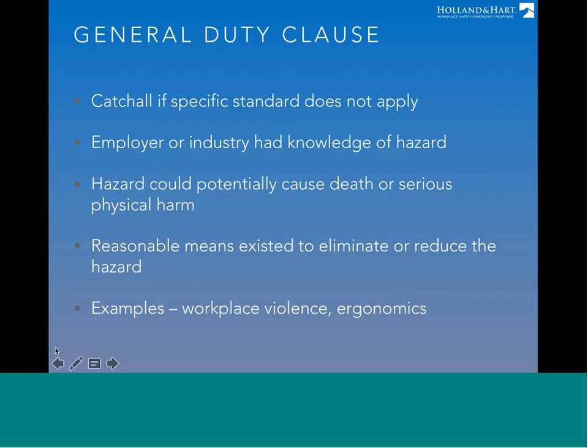Before we talk about the general duty clause, I just wanted to point out that the agency is obligated to hold with you at the commencement of the inspection an opening conference, and that's your opportunity to talk to the agency about why they're present. What's the scope of the inspection? How long do they anticipate that the inspection might take? And that's your opportunity to get clarification as to the scope of why the agency's there.